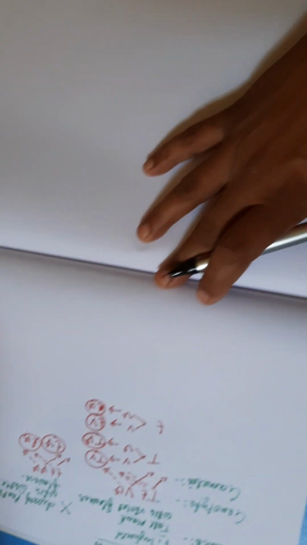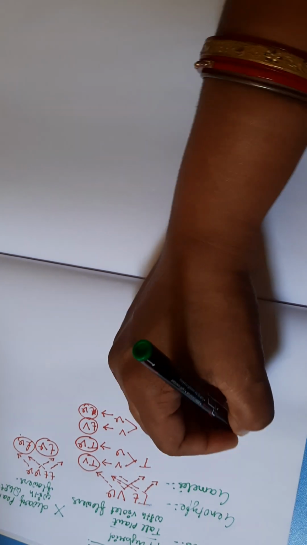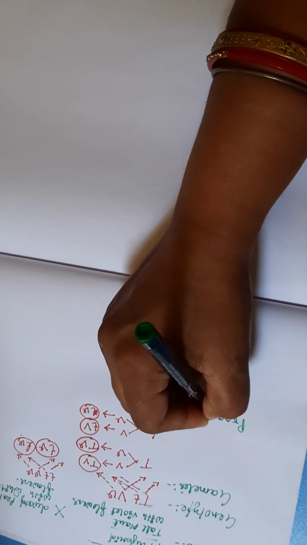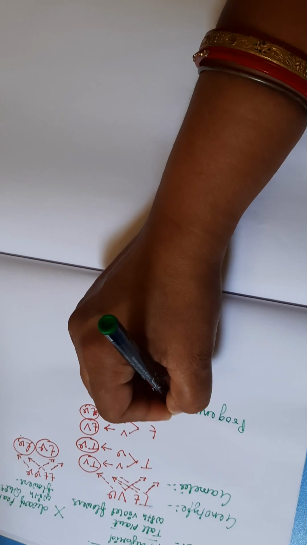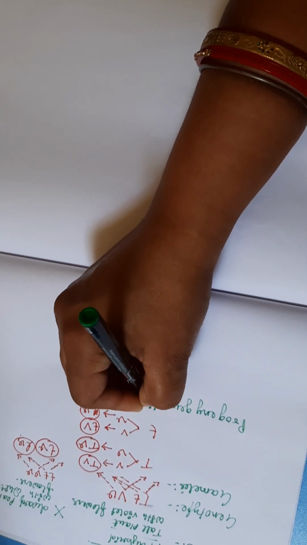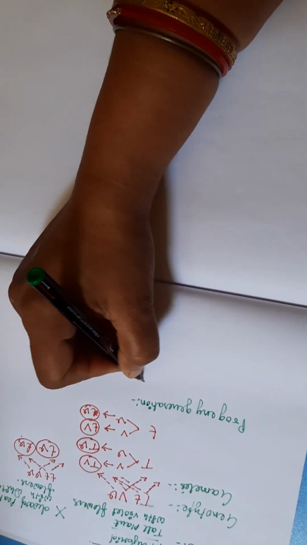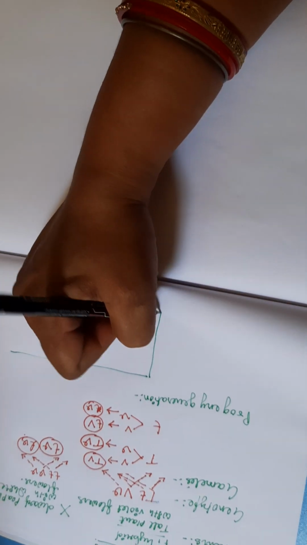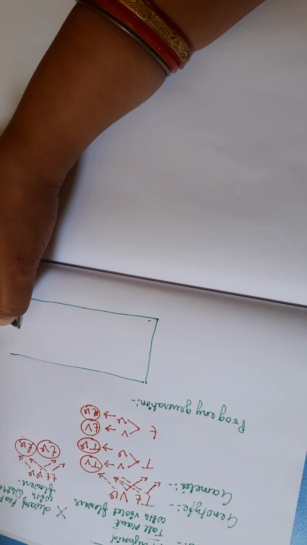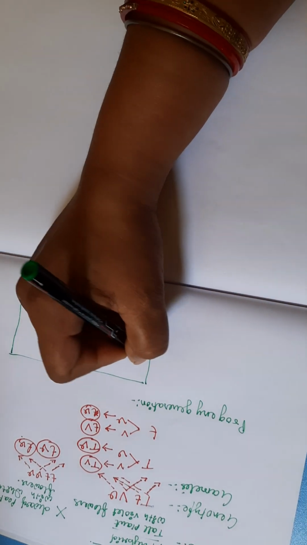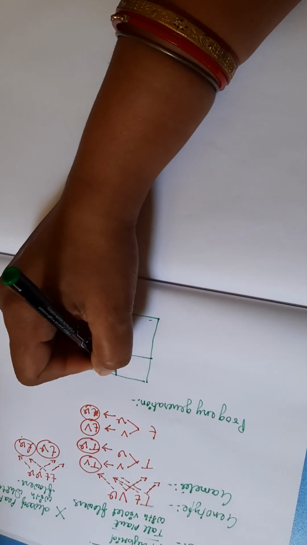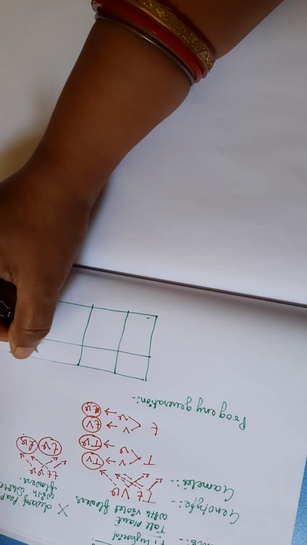So let us construct a Punnett square to know the progeny generation. Because all the ovules have the same genotype, let me modify the Punnett square where we will have only one row and 4 columns.